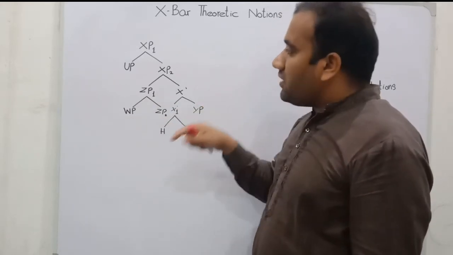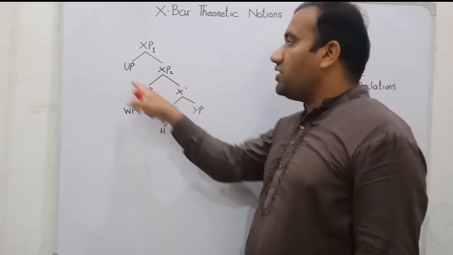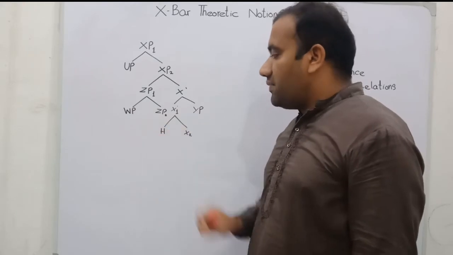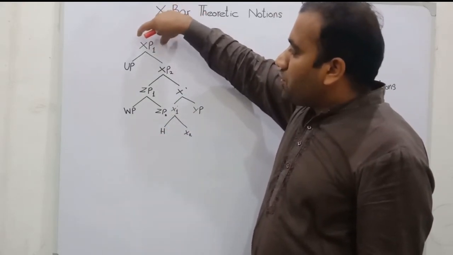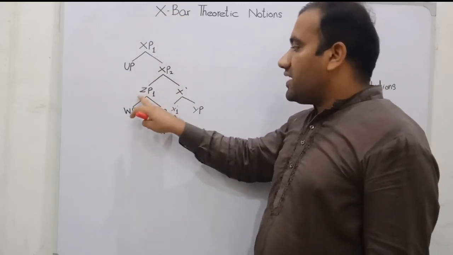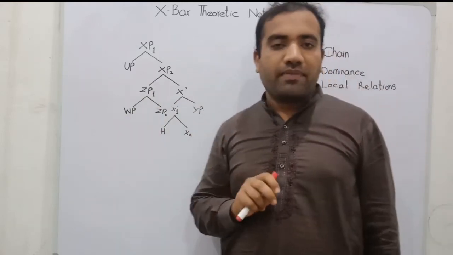And similarly, ZP has the local relation with UP and the head. And similarly, YP dominates UP, XP, ZP, YP, WP.